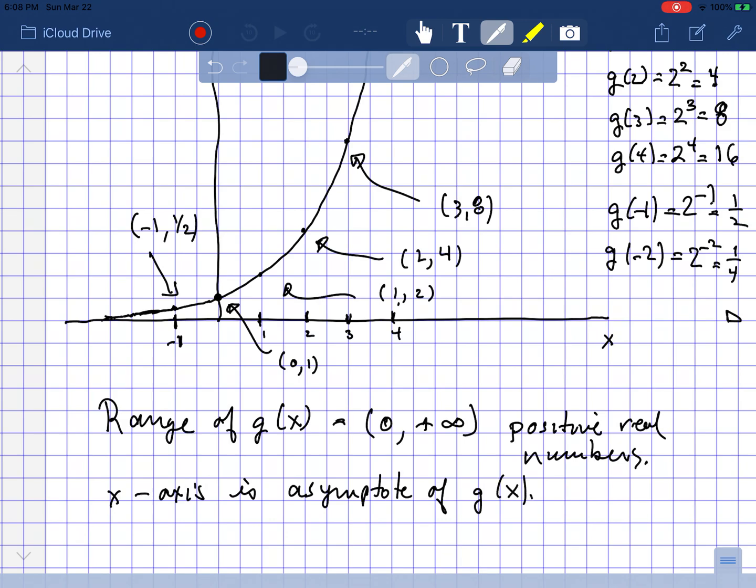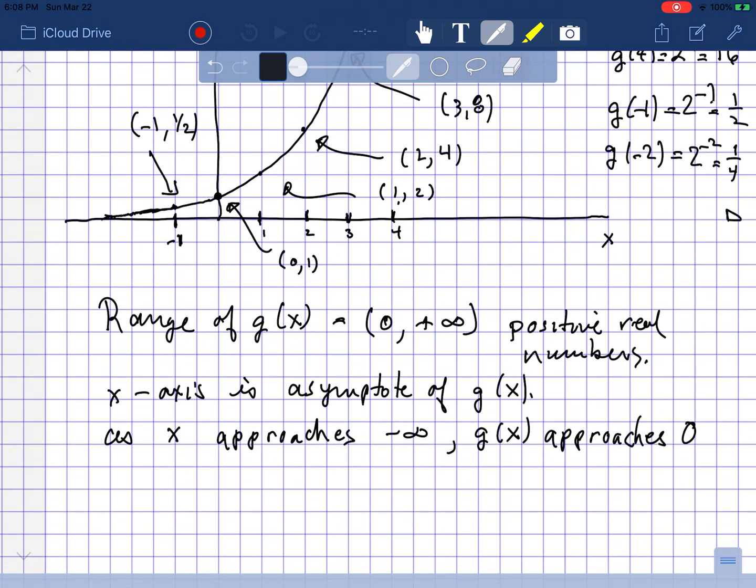Certainly as x goes to minus infinity. So as x approaches minus infinity, g of x approaches 0.